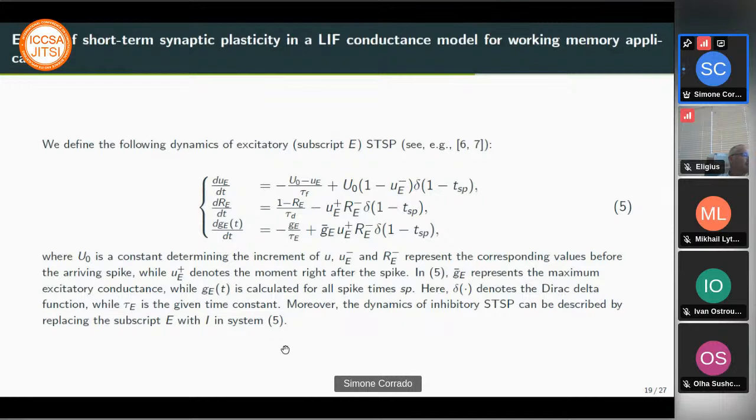The subindex here is E, meaning this is written for the excitatory situation, but the inhibitory situation is modeled in a pretty similar way.